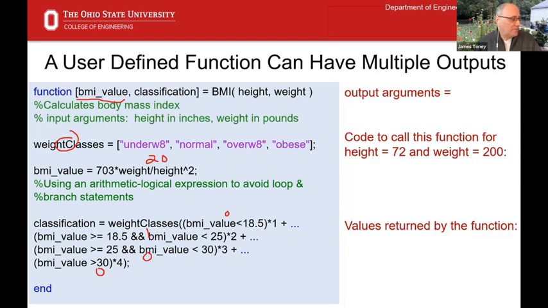We multiply that by 2, and that's what we get here. So altogether, this evaluates to 2. And then we use that as an index into this array. We pick out the second value, which is normal. So that's what will get returned in this second output argument classification.